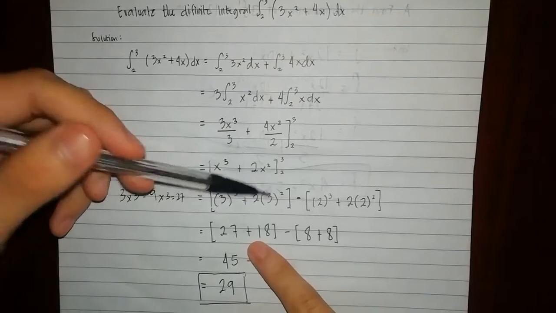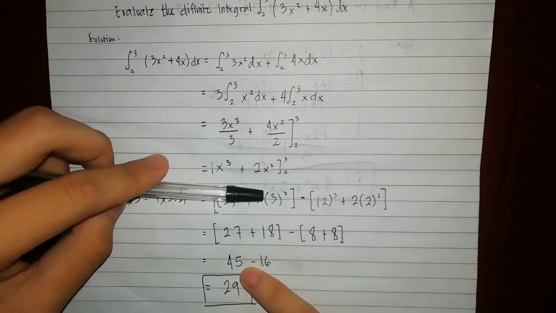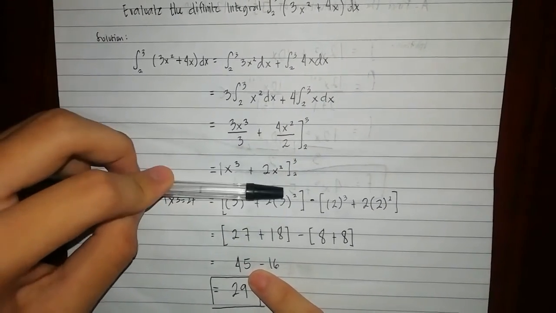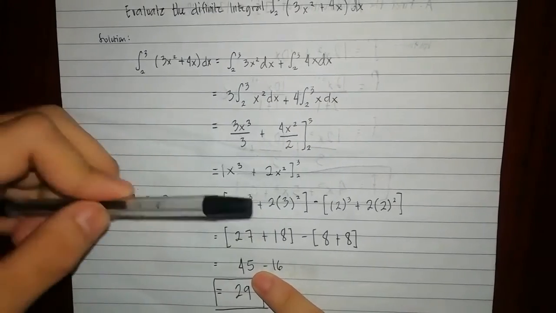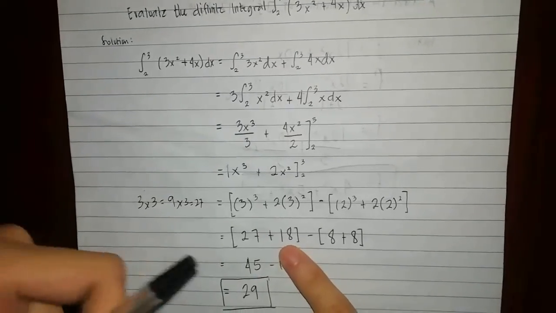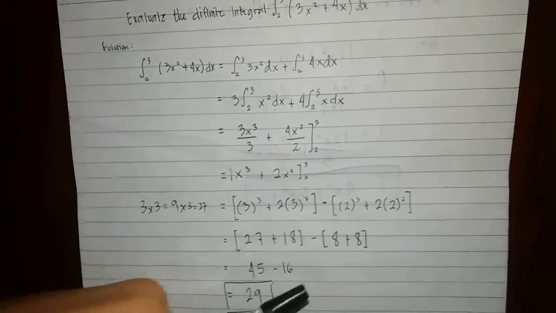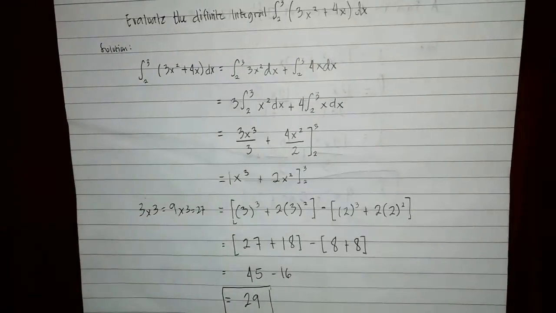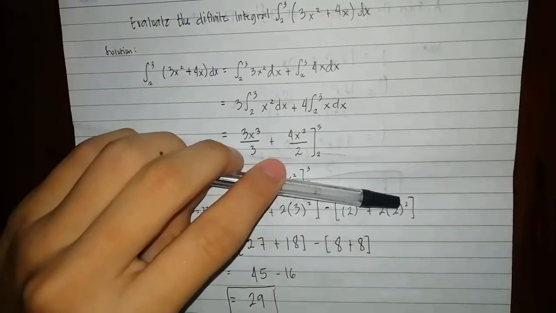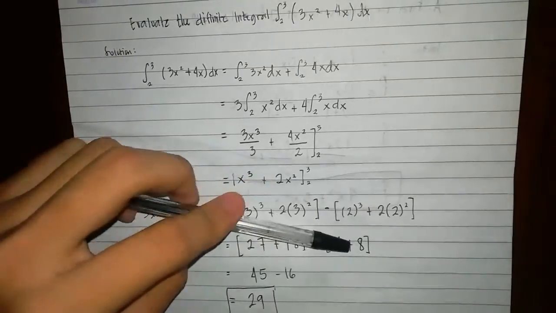Plus, first we're going to multiply this term. So 3 to the power of 2 gives us 9, and then multiply it by 2. 9 times 2 is equal to 18. So minus 2 to the power of 3 gives us 8, because 2 times 2 times 2 is equal to 8. And then plus 2 to the power of 2 gives us 4, and then times 2 is equal to 8.